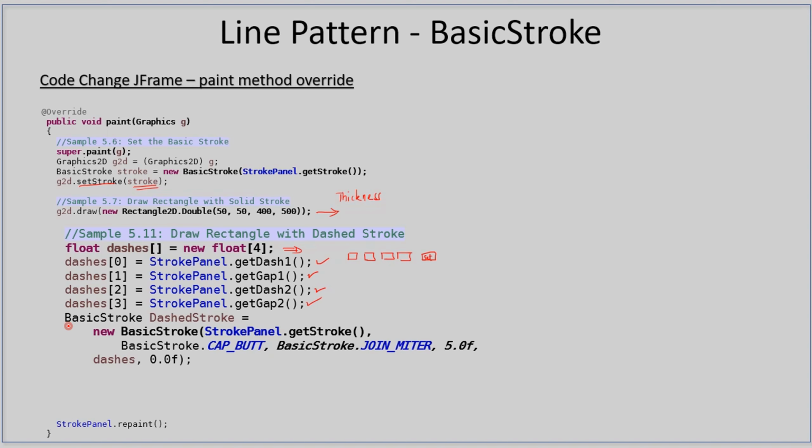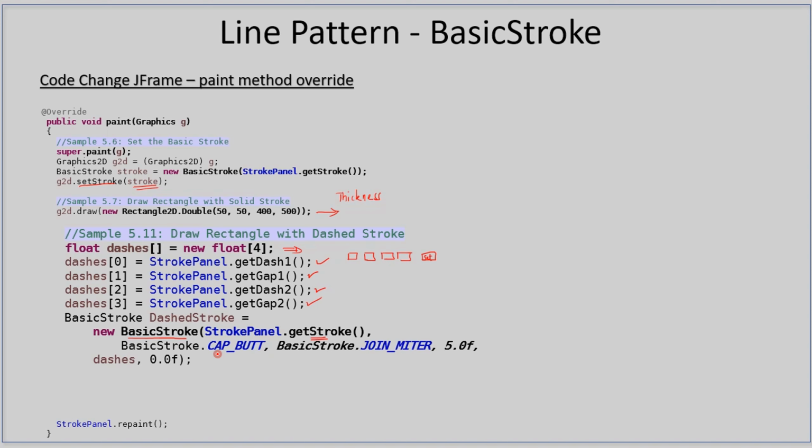So once again, we use BasicStroke. Previously we used BasicStroke, and here also we are using BasicStroke. This time we are using the overloaded constructor. Previously we passed only the stroke width. So this BasicStroke defines a pen thickness. But here, if you see, we still use thickness.